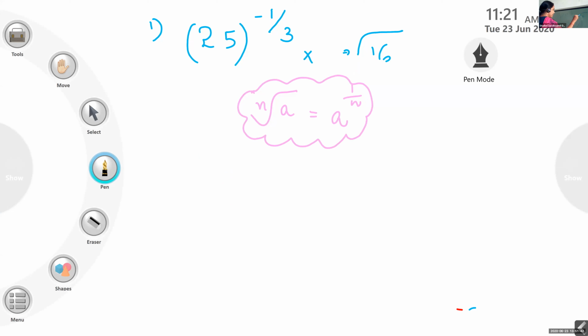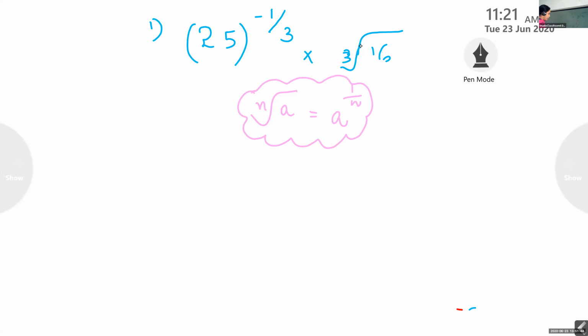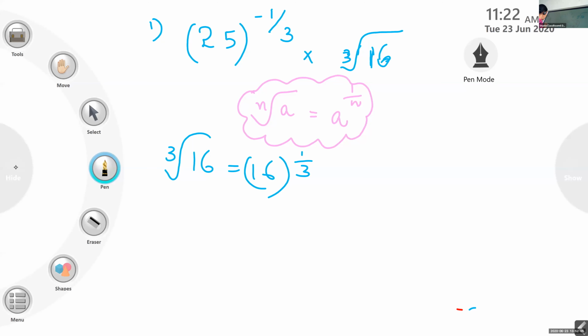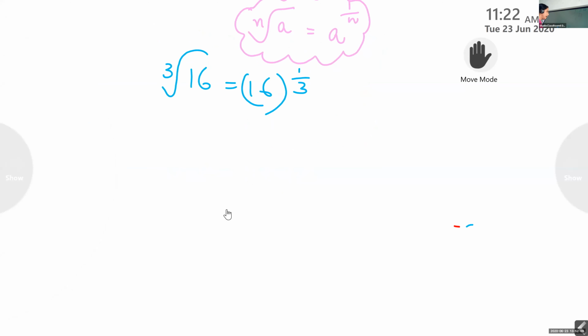So cube root of 16 we will write as 16 raised to 1 by 3. No need of doing anything there.